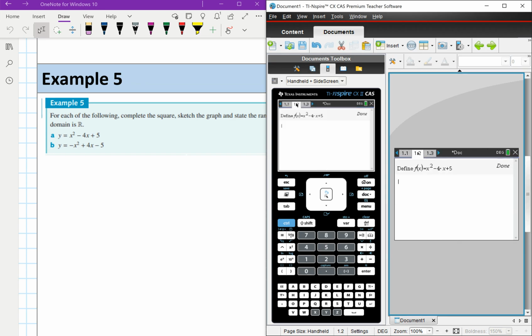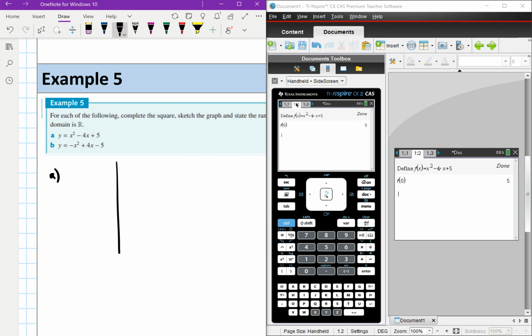So you can do it on your CAS: f(0), so you're substituting x equals 0 into the equation, and just press enter. It tells you the y-intercept is 5 when x is 0. So when you do f with a 0 inside, you're essentially saying x equals 0.